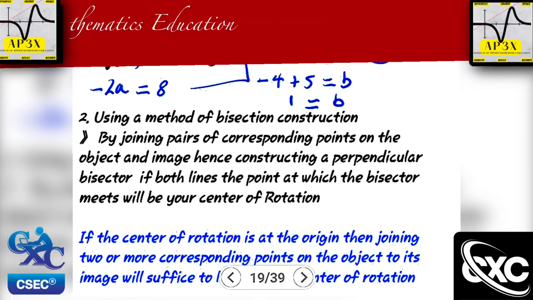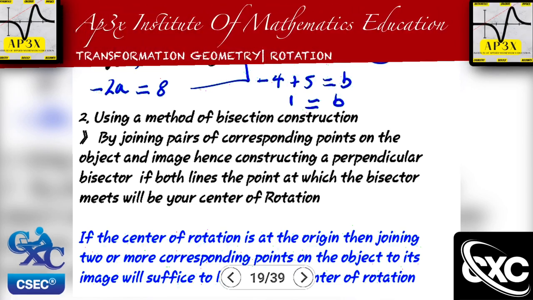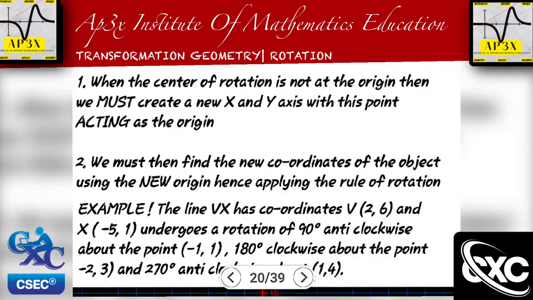But once the center of rotation moves away from the origin, then you have to use what we call construction bisection lines. All right, and there's in fact a cheeky little method. I recently discovered this, and oh, so easy it was to find the center of rotation even without the metric equation or construction. So hopefully in this video we'll be able to get into that.